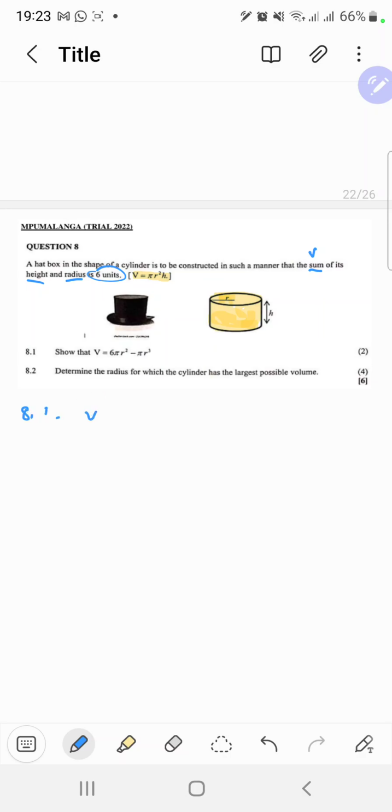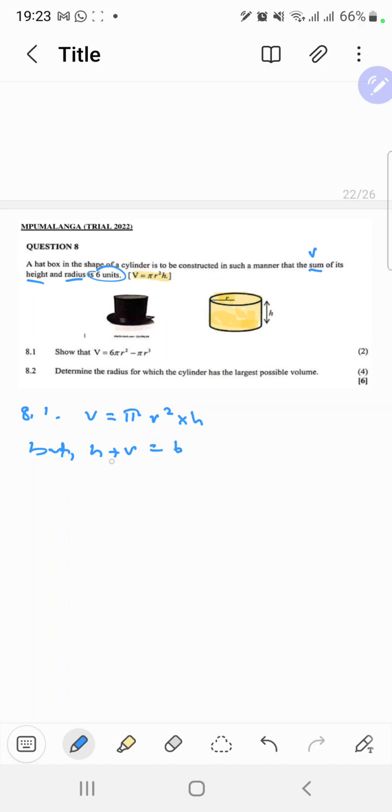8.1. We know that the volume is going to be, of course, pi r squared multiplied by h. But do you see there's no h in there? We were told that the sum of h and the radius is 6.